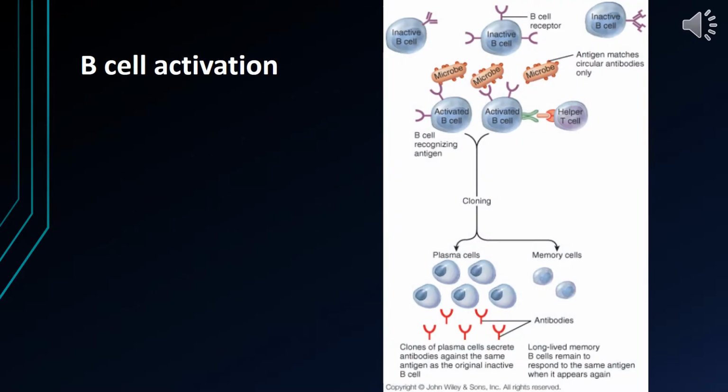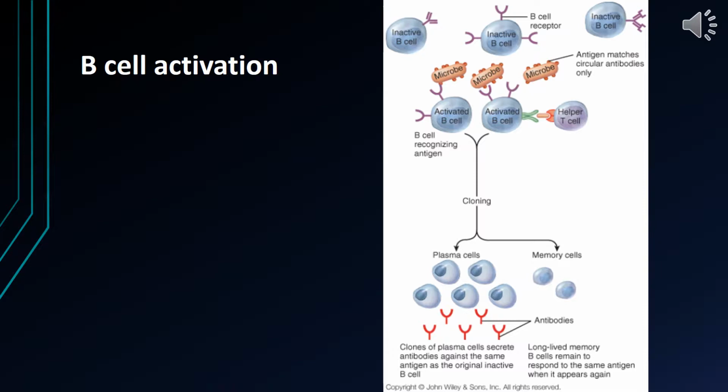This diagram shows how B cell activation works. At the top of this diagram we have these inactive B cells which have specific receptors or markers expressed on their surfaces. When these markers come in contact with the specific pathogen, they bind to it and activate the B cell. Over there to the right of that B cell is what is known as a helper T cell, which can also lead to activation of a B cell.